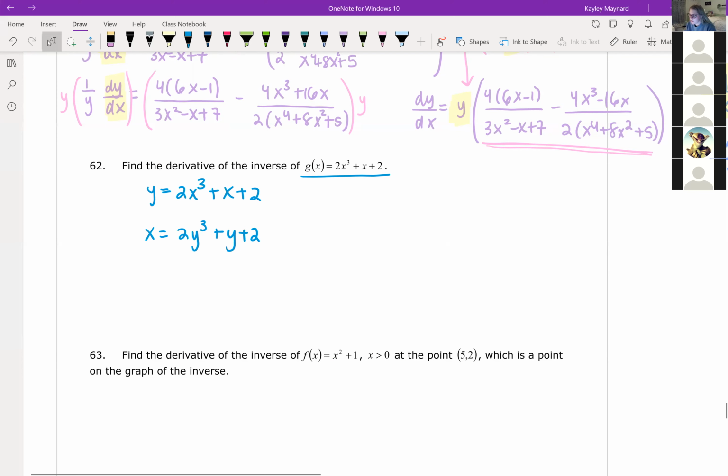There's a chat, so give me a second. Someone asked me about implicit differentiation. A lot of the time with implicit differentiation, I'm trying to think of past problems we've done.